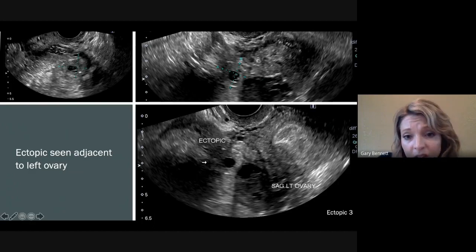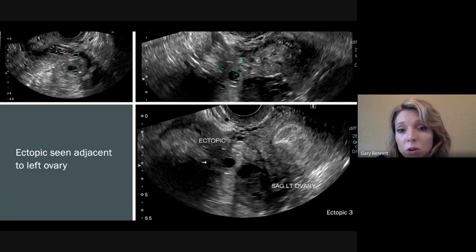We still have a gestational sac on this one. We have a crown rump length, or I'm sorry, a yolk sac. So we still have a lot of indicators that this is, in fact, an ectopic pregnancy. It's pretty conclusive once you find this, but it's pretty easy to miss. So you have to work for these images here.